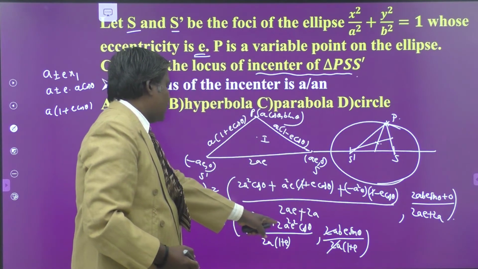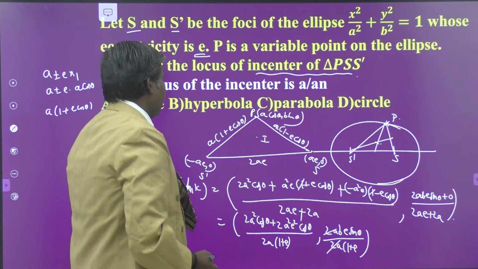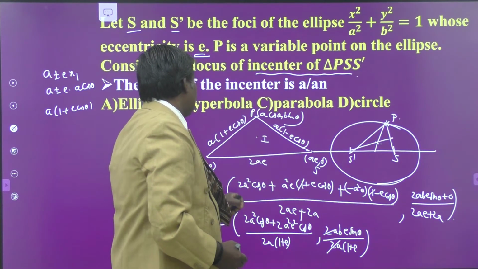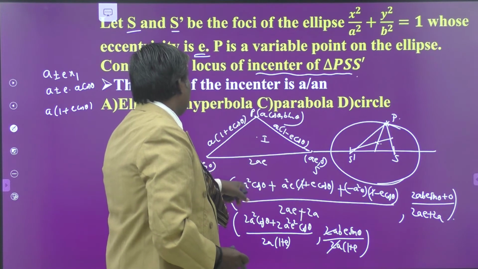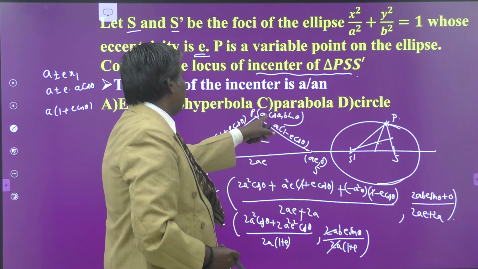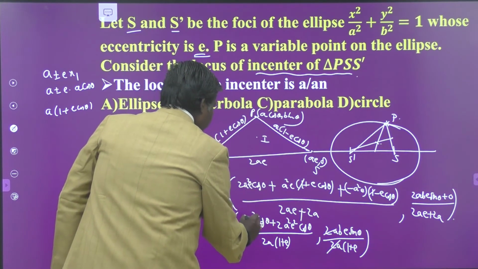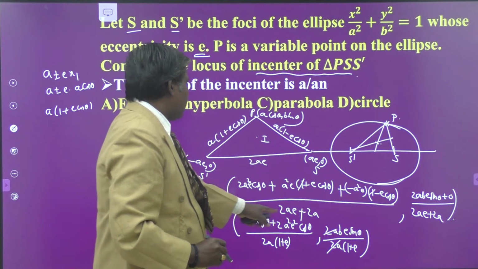Now 2a square, you can take common 2a square. Here 2a square cos theta. It is 2a e into a. 2a square e cos theta is there. 2a square e cos theta.